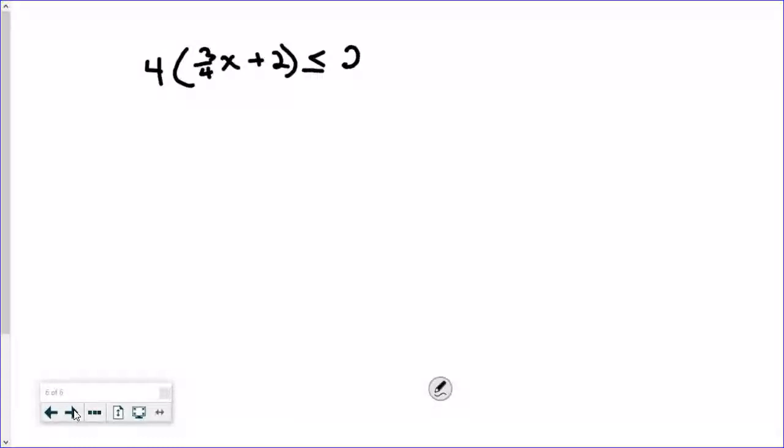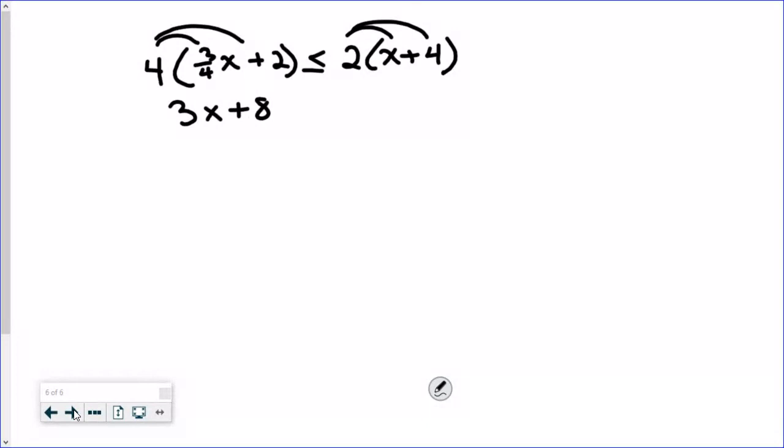Okay. Last problem I got is, what if I have 4 times 3/4 x plus 2 is less than or equal to 2x plus 4. Okay, I'm going to start by doubly distributing. So using my calculator or however you want to do this, this becomes 3x plus 8. If you need to check that in your calculator, please do so. Less than or equal to 2x plus 8. Okay?